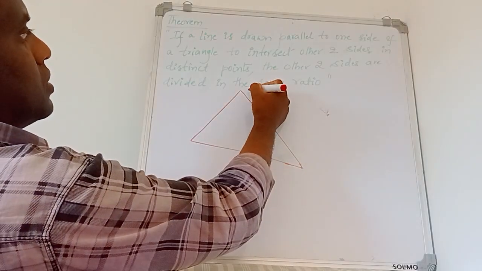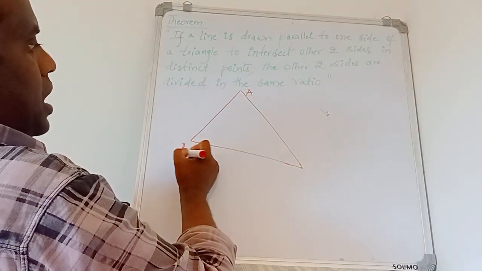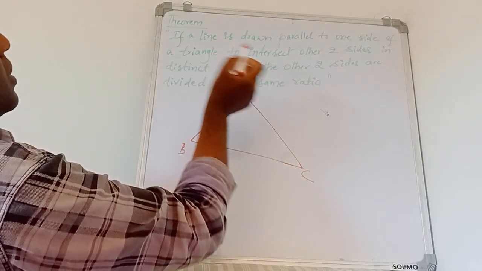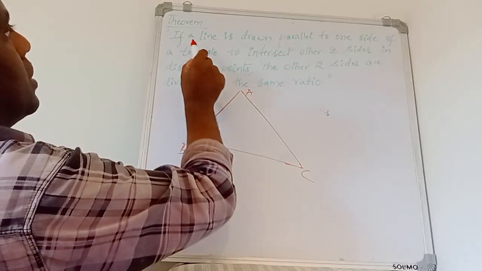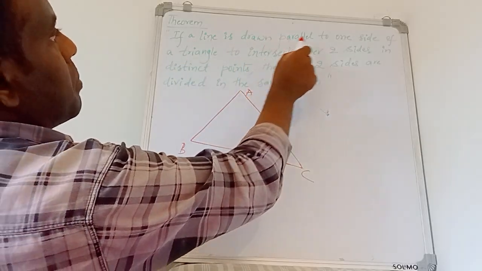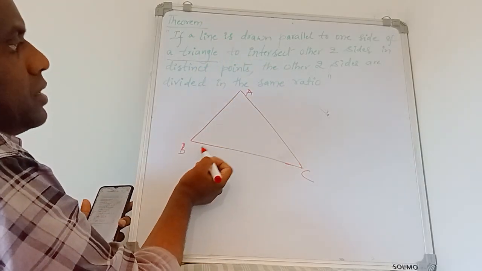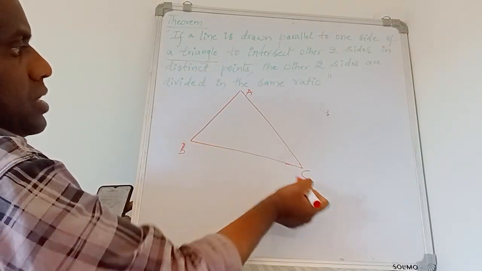Say this is triangle ABC I am taking. They are telling, if a line is drawn parallel to one side of a triangle, I have taken the triangle as ABC.